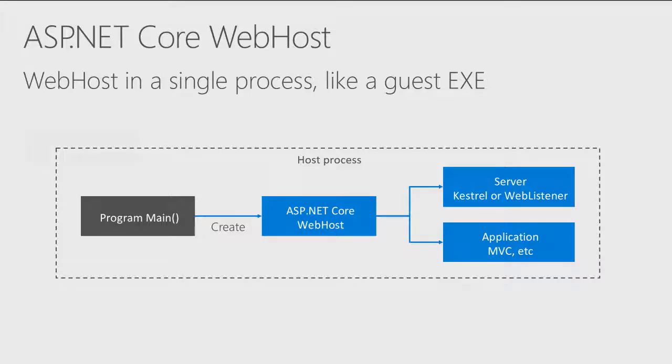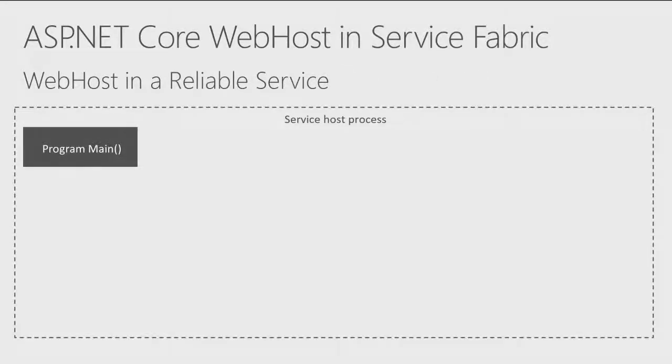Now, if you're hosting it in Service Fabric, this works a little bit differently. So you still have a host process, but the program main entry point isn't the place where you bootstrap ASP.NET Core. It's the place where you bootstrap reliable services. So in our parlance, this is where you register a service type with the Service Fabric runtime.